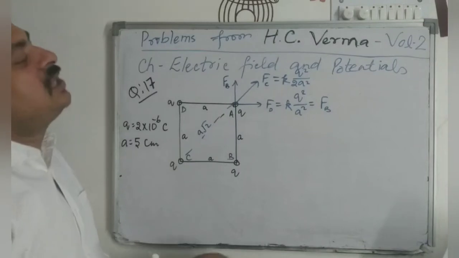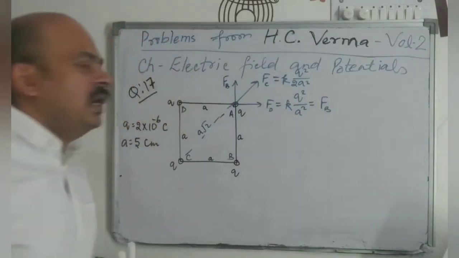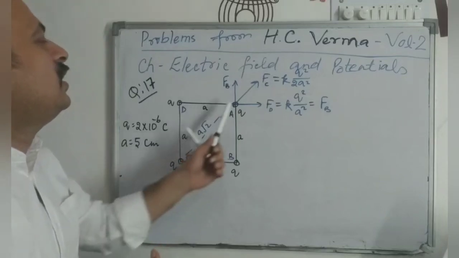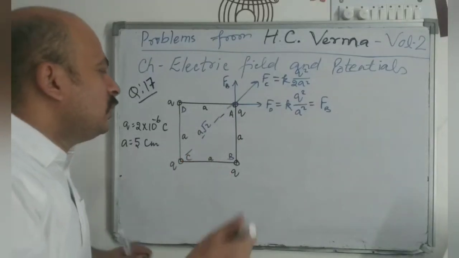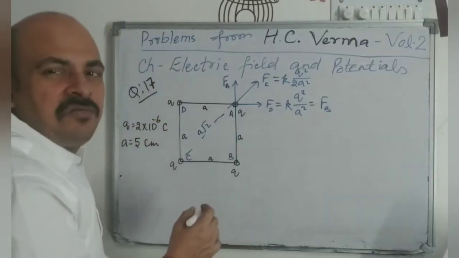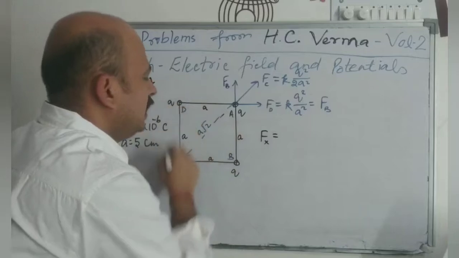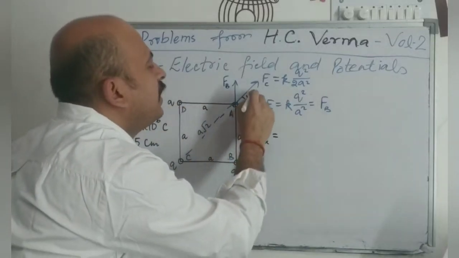So we have three forces acting on that charge. We should calculate the resultant force acting on the charge. So how will you calculate the resultant force? We should calculate force along x-axis. Because it is a square, that angle is 45 degree.